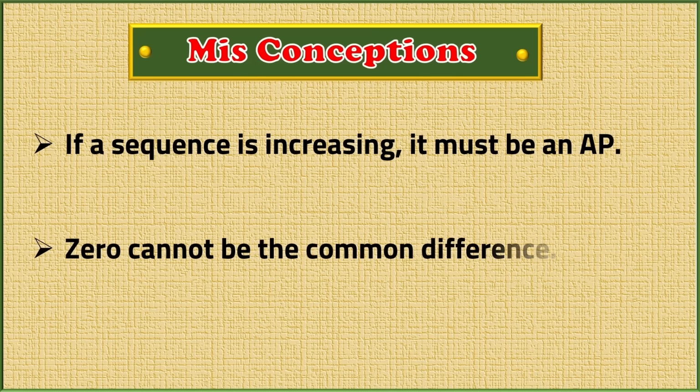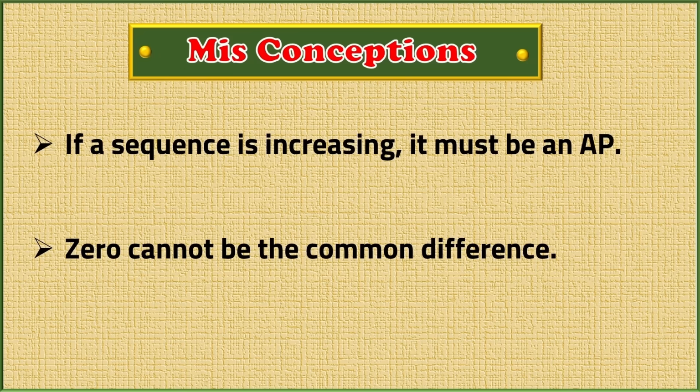And another misconception is that 0 cannot be the common difference. It is also a new thing to them. They observe many arithmetic progressions with d greater than 0. Sometimes d is less than 0.